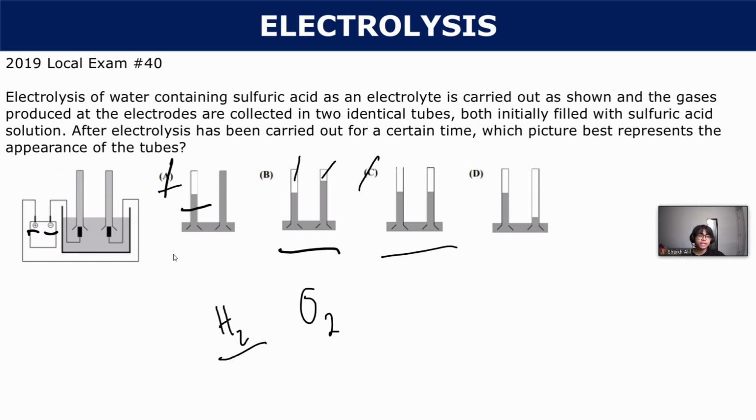Now, D might look really tempting because you can see that the volume on one half is half the volume of the other half. So that would kind of make sense because, again, there's double as much hydrogen produced as oxygen. But the problem with this is that it mixes it up. At the positive end, remember, we're going to be producing the oxygen. And at the negative end, we are going to be producing the hydrogen. Let's go back to our diagram here.